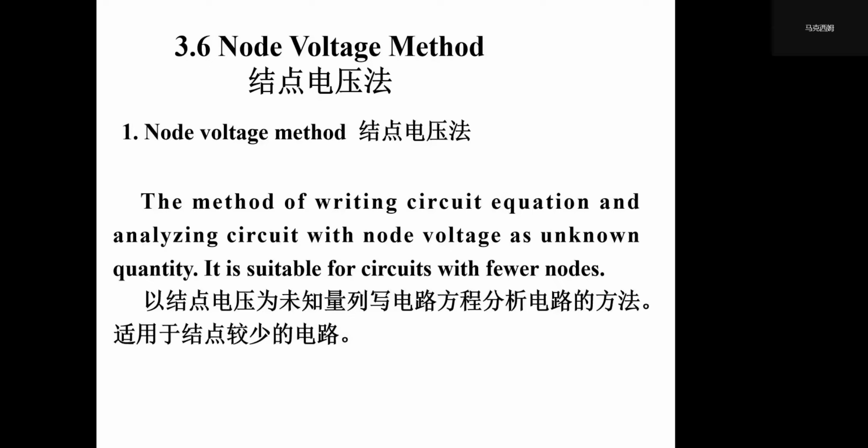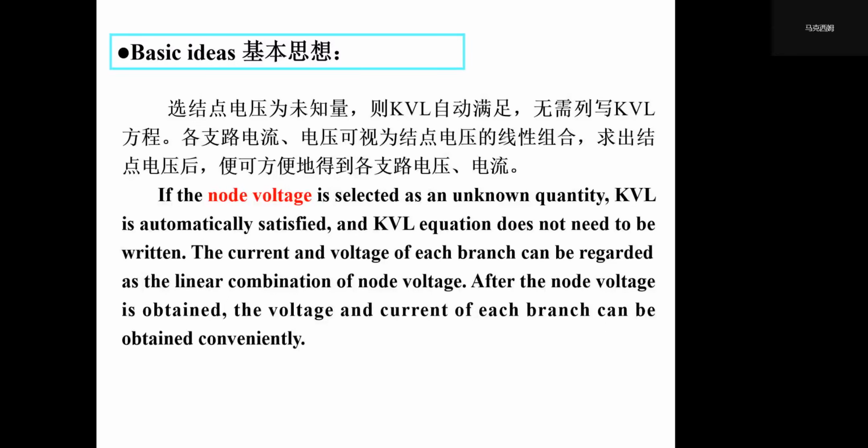And we see that the basic idea is very simple. If we choose the node voltage as the unknown variable, it will satisfy the KVL equations immediately, and we don't have to list the KVL equations anymore.